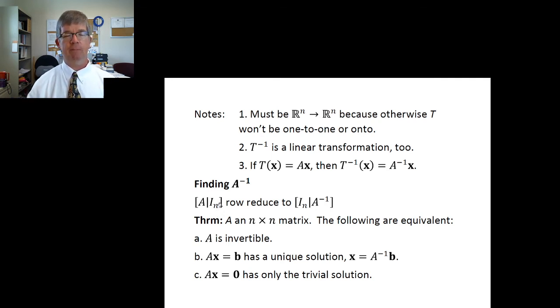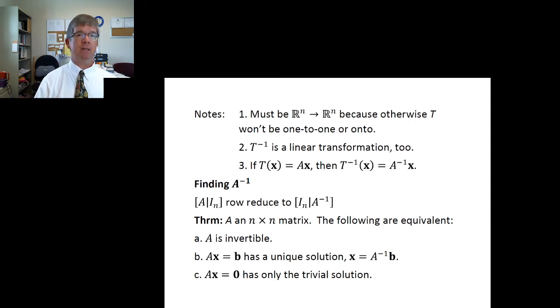If you take that matrix and put it in reduced row echelon form, so just row reduce it, you'll end up with the first part being an identity matrix, and the second part will be your inverse. You can multiply A times its inverse, and you'll see that it works out.